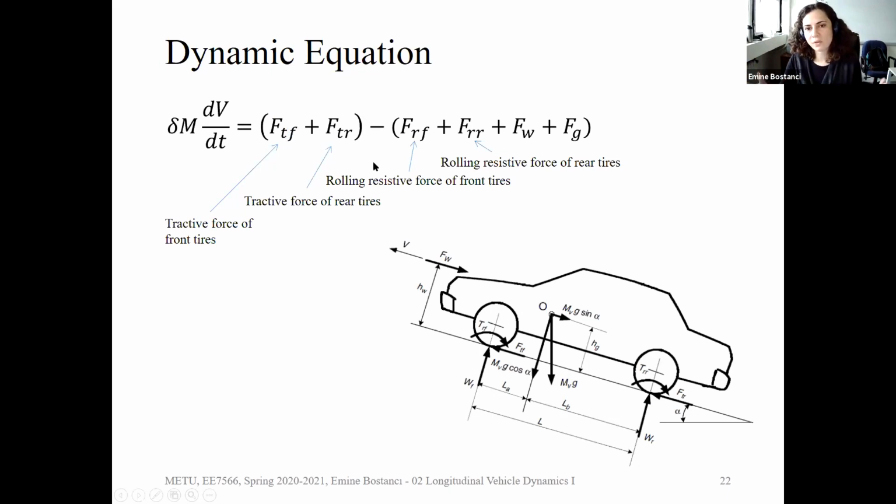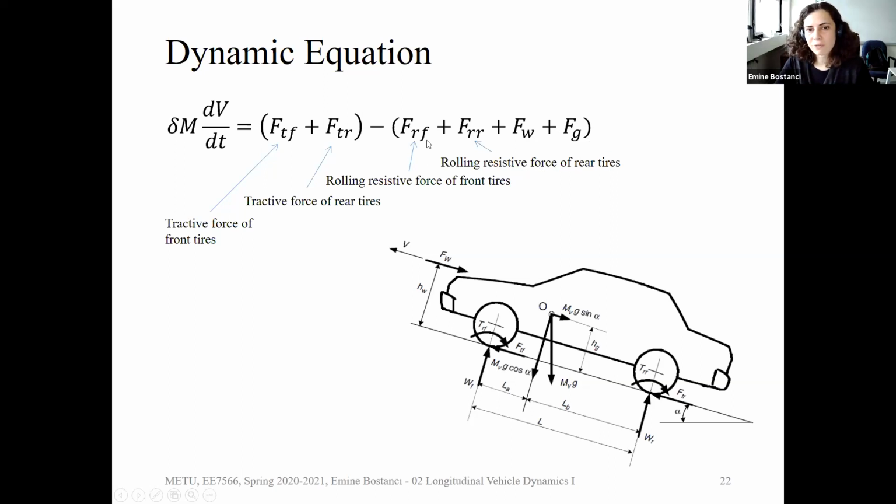If we have an all-wheel drive, we need to add them up. If you have just a front-wheel drive, then we will have just the first one. And we need to subtract the resistances: the rolling resistance at the front tires, rolling resistance at the rear tires, aerodynamic drag, and grading resistance.